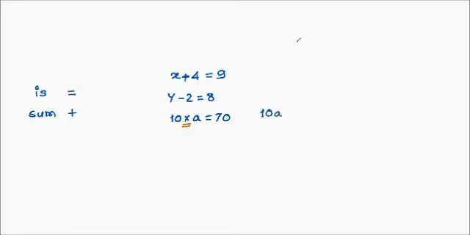When there is one number and one alphabet with nothing between them, that means there is a multiplication sign. So we write 10a is equal to 70. Now "times", we learn this word times. Times is multiplication.